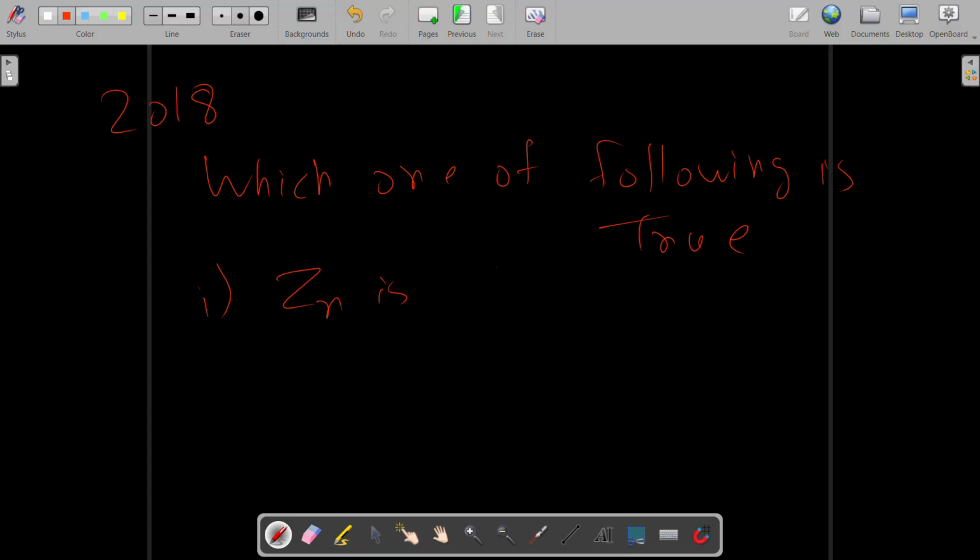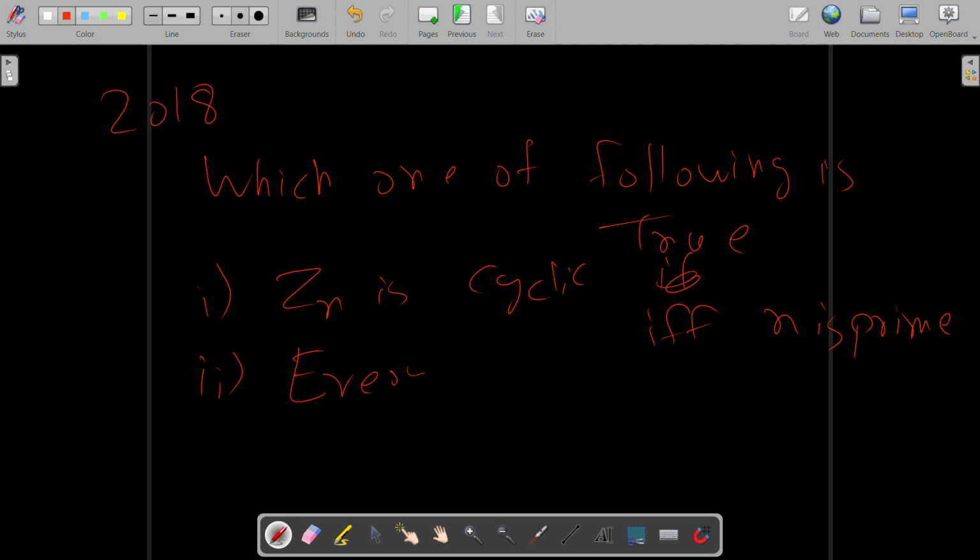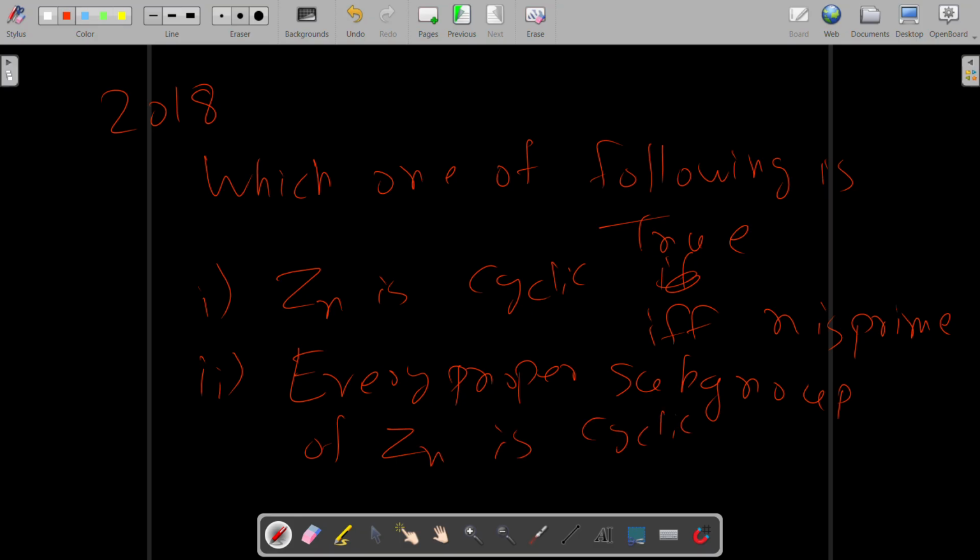Zn is cyclic if and only if n is prime. 2. Every proper subgroup of Zn is cyclic.